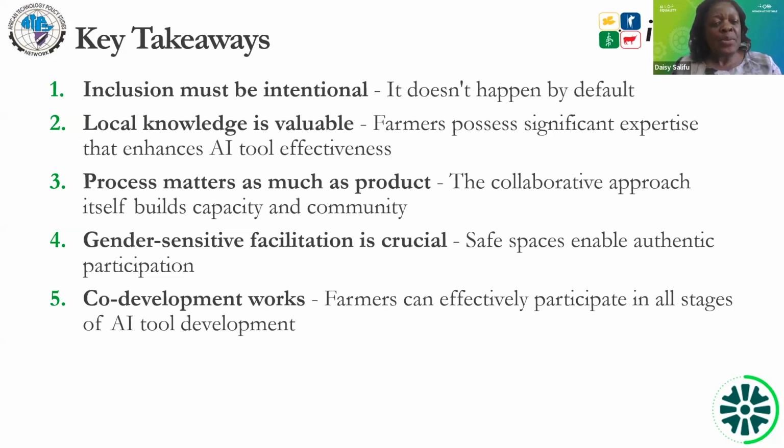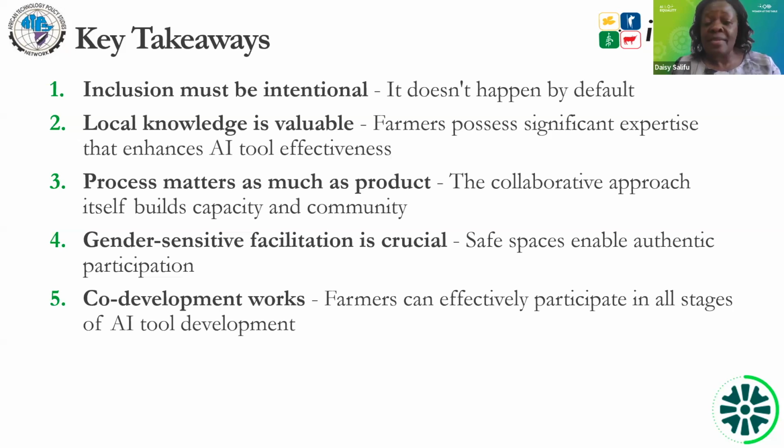Another takeaway lesson is that gender-sensitive facilitation is crucial. We need to create safe space to enable audience participation. Many times, if you mix women or marginalized groups, maybe poor farmers, together with farmers that have a lot of resources, rich farmers, there is that inferiority complex and they may not express themselves, and therefore give them safe space.